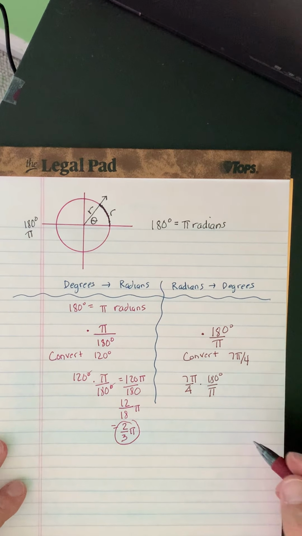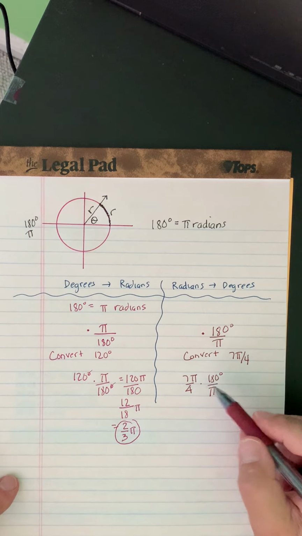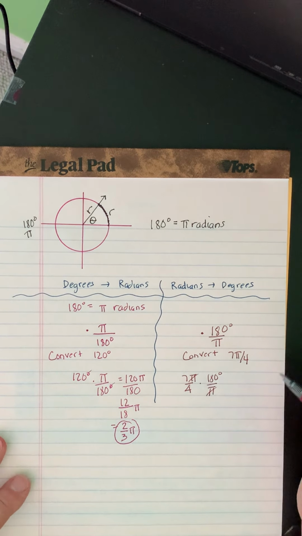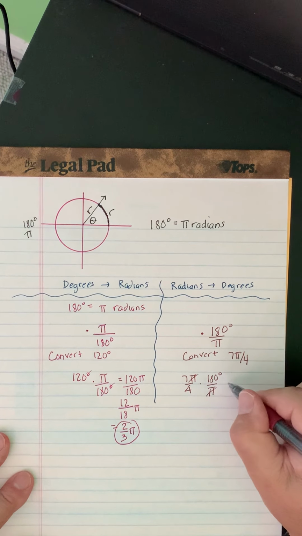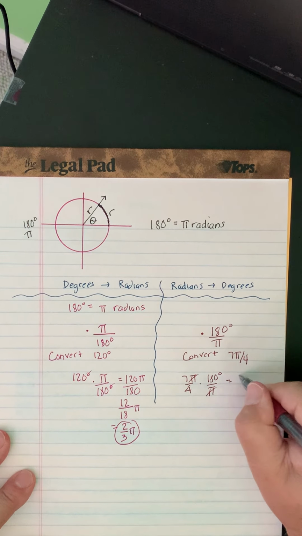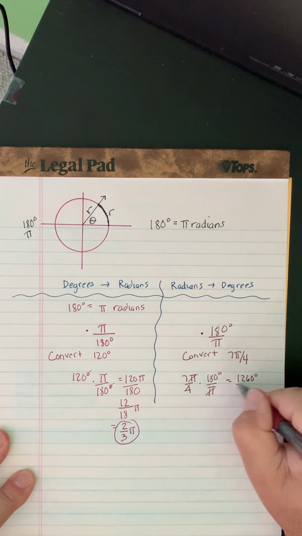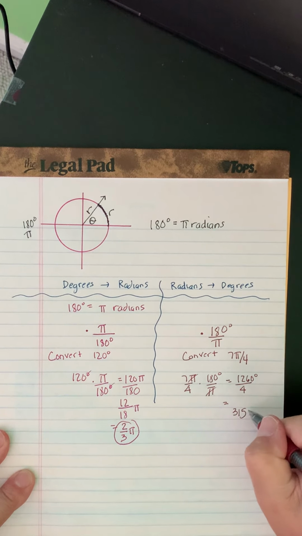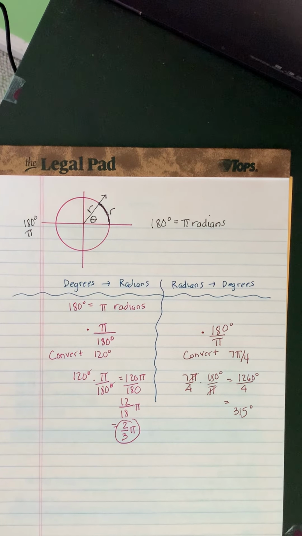If you get confused about which one goes on top, remember, whatever one you want to divide out has to go on the bottom. I want to divide out the pi, so I'm going to go 7 times 180. See, my degree is still there. That's 1260 degrees over 4, which simplifies to 315 degrees. Okay? So that's where it would be there.